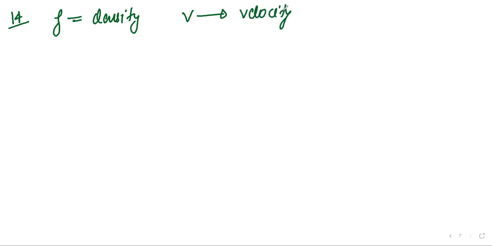It reaches up to a maximum height, so the maximum height will be 3v square upon 4g with respect to the initial position. It was asked in NEET 2013.